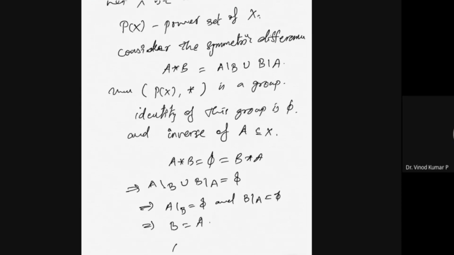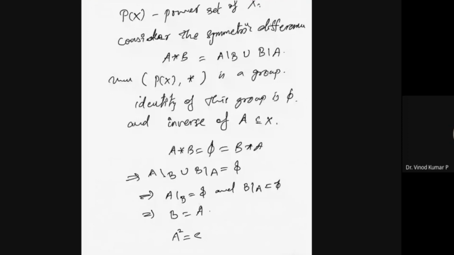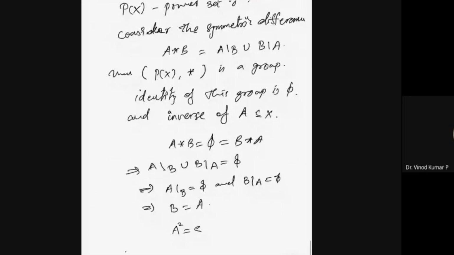So that means in this group, A * A is equal to the identity, right? The symmetric difference of A with itself is the empty set. So in this group, the order of A is 2.